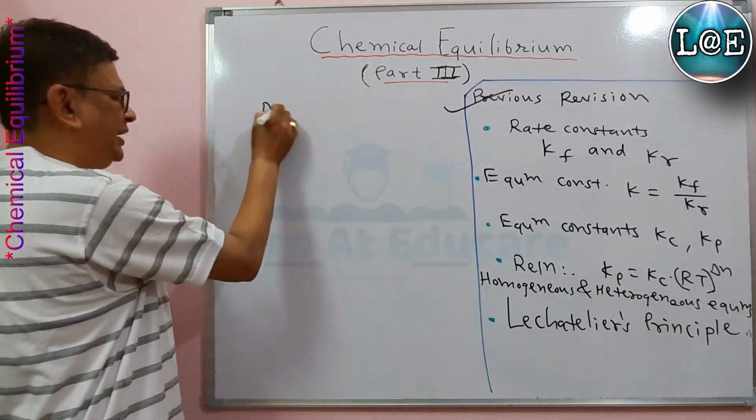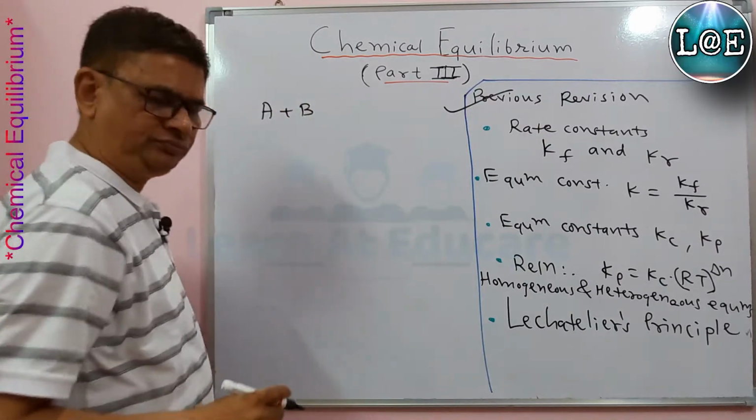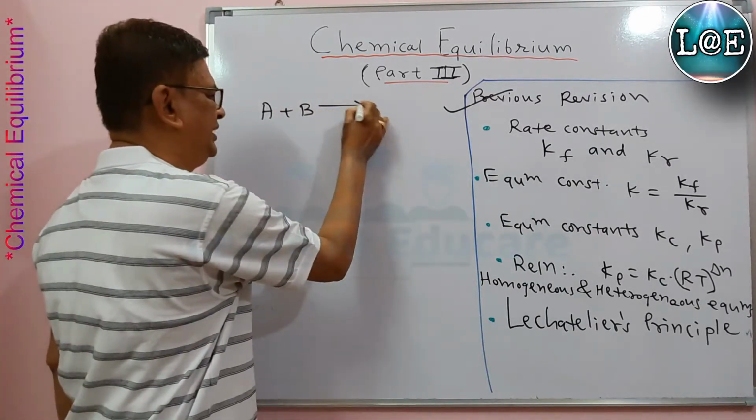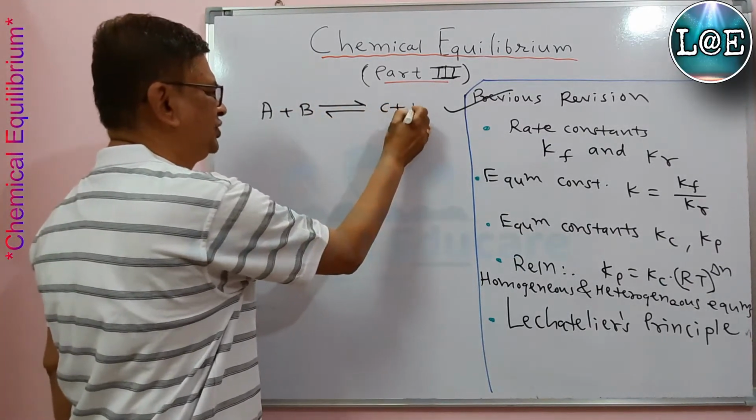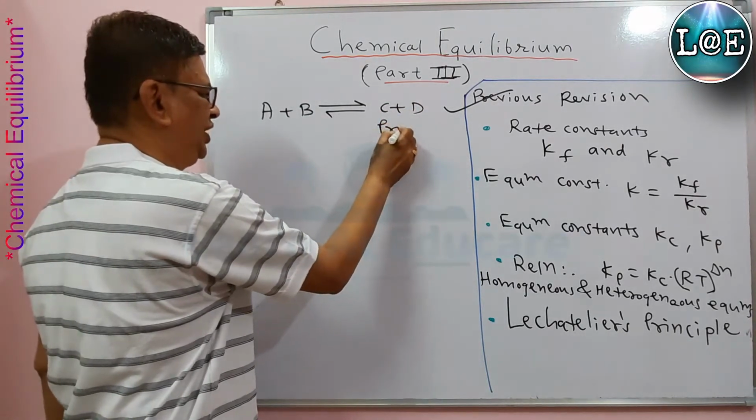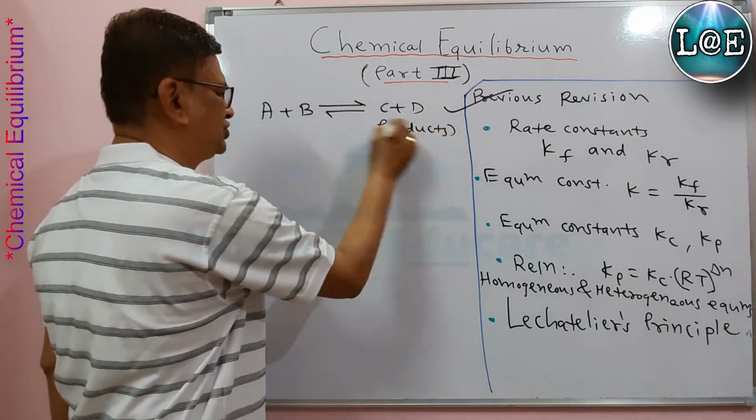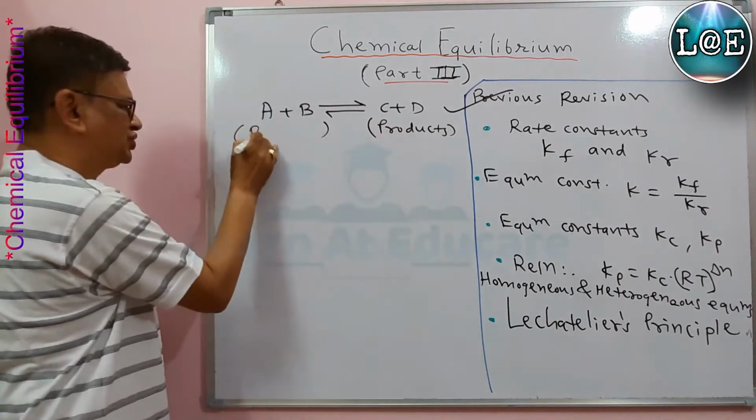Suppose we take this general reversible reaction, A plus B gives reversibly C plus D. We know these are the products, these are the reactants.